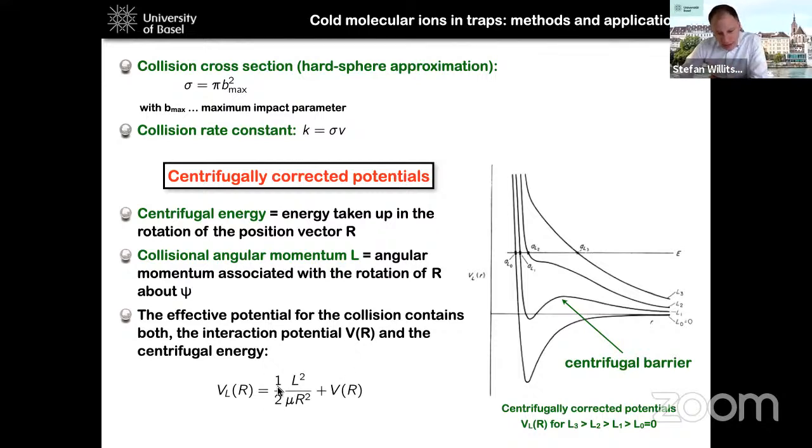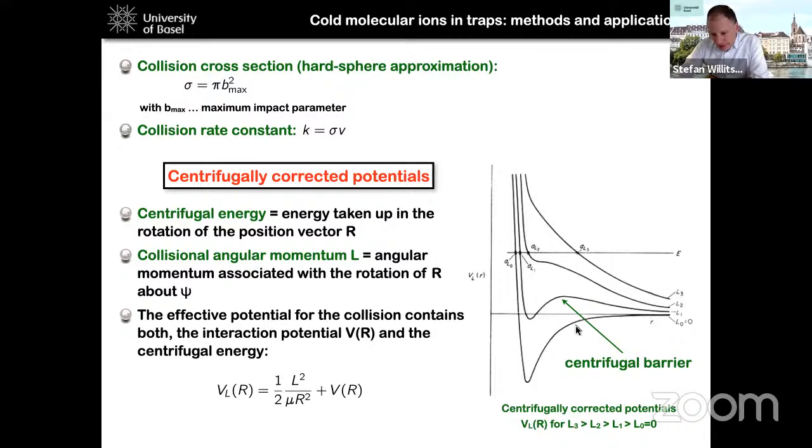If you now look at the form of this effective centrifugally corrected potential, then you see it has these two components as discussed. If you look at typical interaction potentials between atoms, but also between molecules, then they typically have qualitatively this sort of shape as a function of the distance between the two particles r.